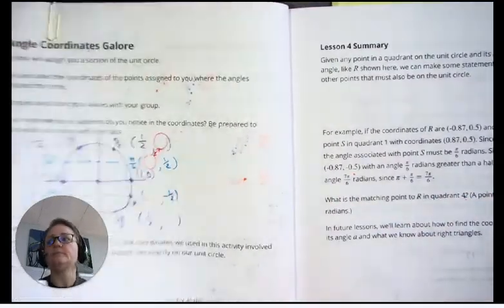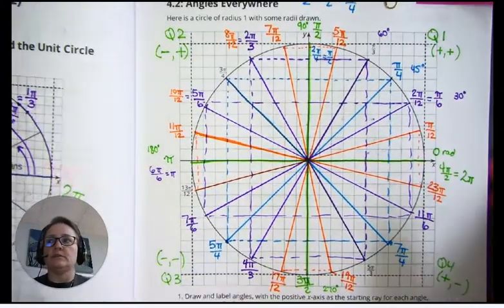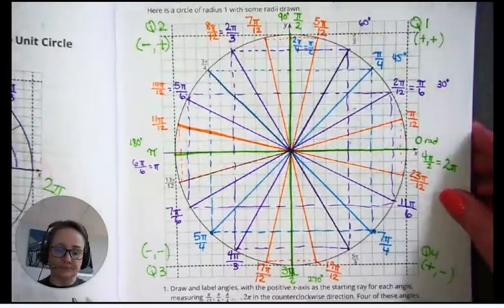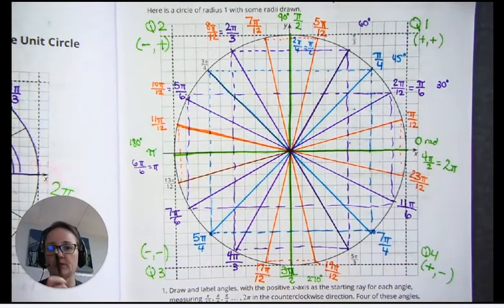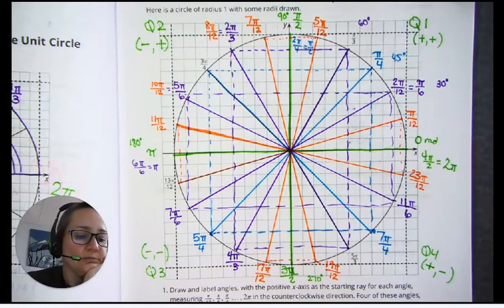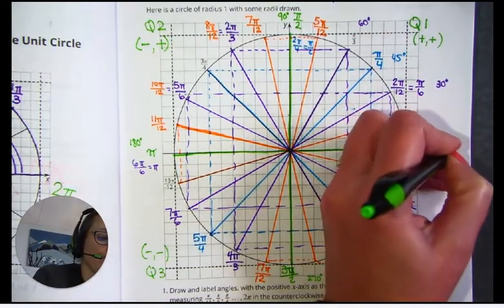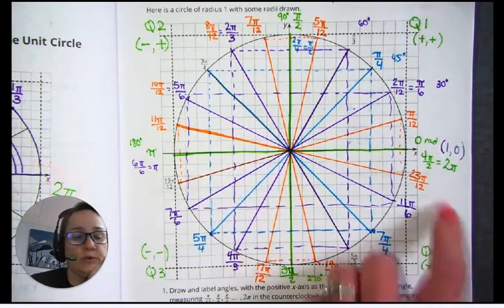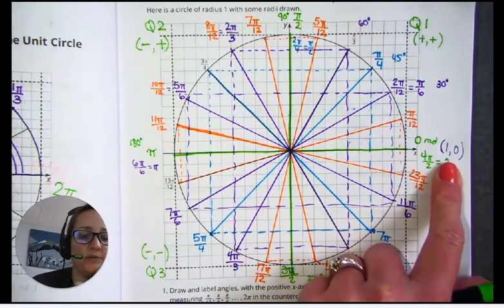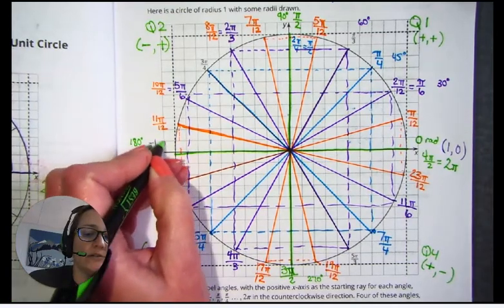So, back to our master unit circle. I'm just going to use a pen and I'm going to add some known coordinates. Alright, so we know our cardinal points at 1, 0, and over here at negative 1, 0.